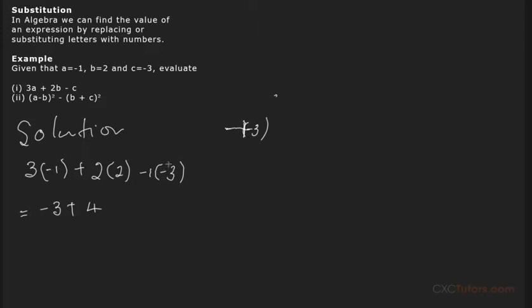So remember, the product of two like signs will always be positive. So we have -1 times -3 is equal to +3. Remember that even though the 1 isn't there, it is understood to be there, but it takes on the sign of negative. And so in this case, we are going to be adding.